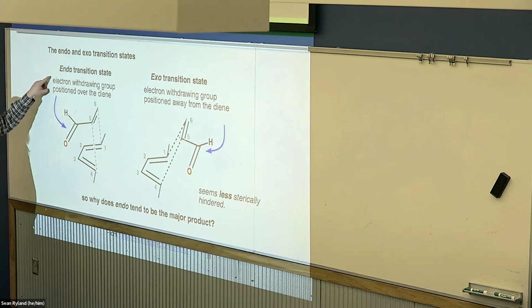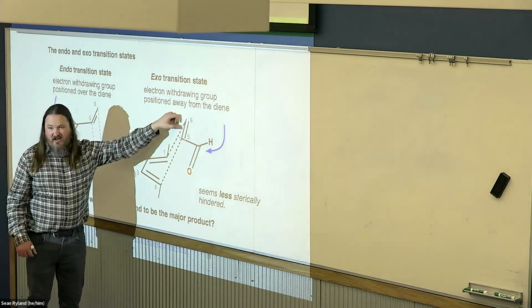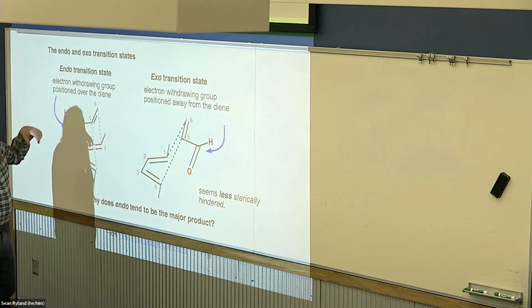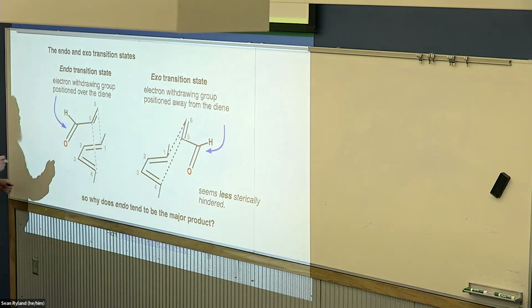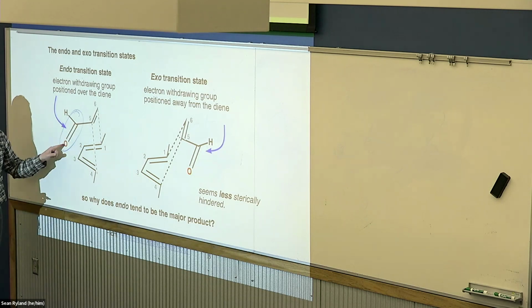And so endo is favored kinetically, exo is favored thermodynamically, as long as your other substituents on your dienophile have pi clouds. If they don't have pi clouds, this all goes out the window and it's just looking at sterics.